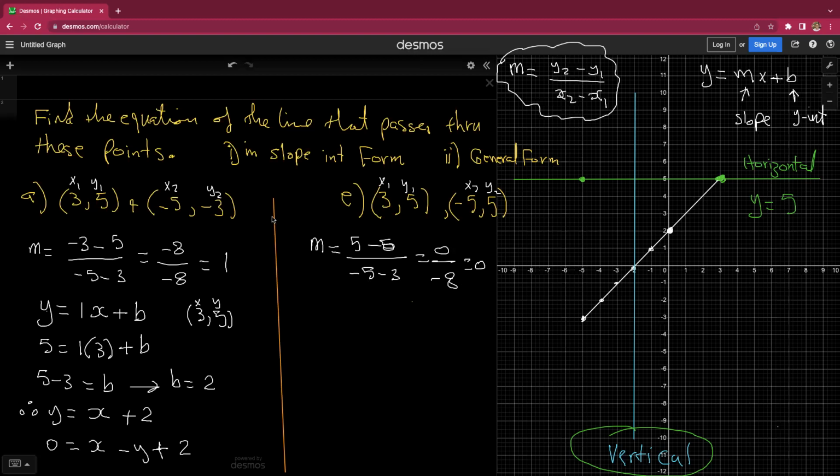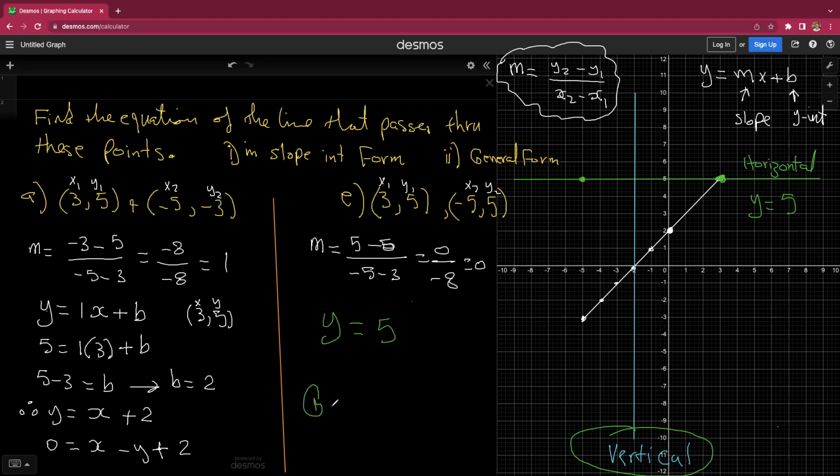You just go, okay, this is y equals 5. Why didn't we do all of this work? Because with a horizontal line, you don't have to. If you look at it as you go along, even though x changes, y is always 5 on this line. See, y is 5 here, y is 5 there, y is 5. That's why we call it the line y equals 5.